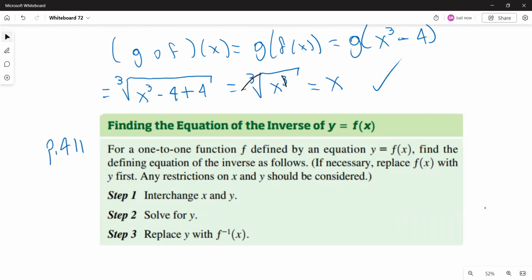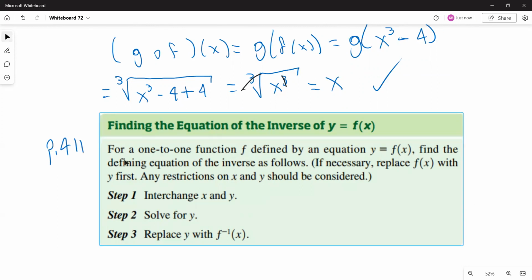For a one-to-one function, f defined by an equation y equals f of x, we can find the defining equation of the inverse function as follows. Step number 1, interchange x and y. Step number 2, solve for y. And step number 3, replace y with f inverse of x.